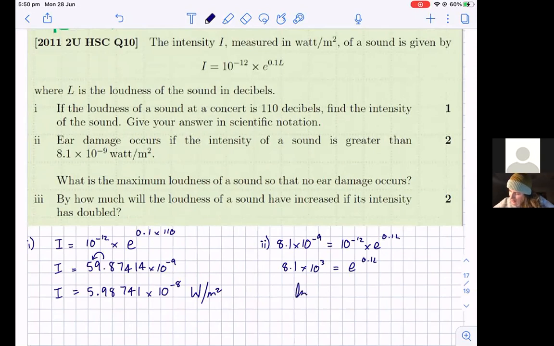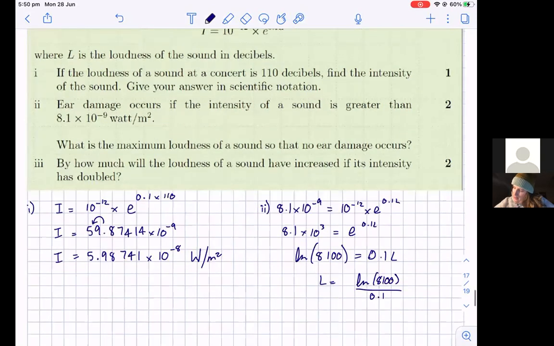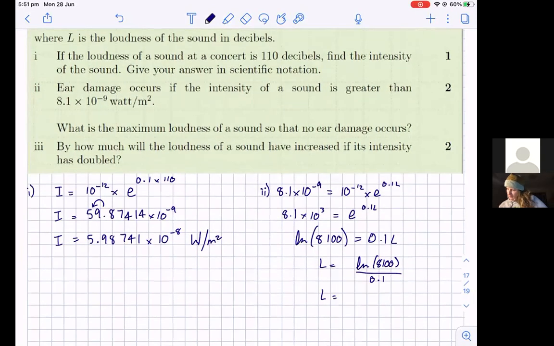So ln 8100 equals 0.1 L. So L is ln 8100 over 0.1, which makes it 10 ln 8100, 89.996 decibels, so approximately 90 decibels.